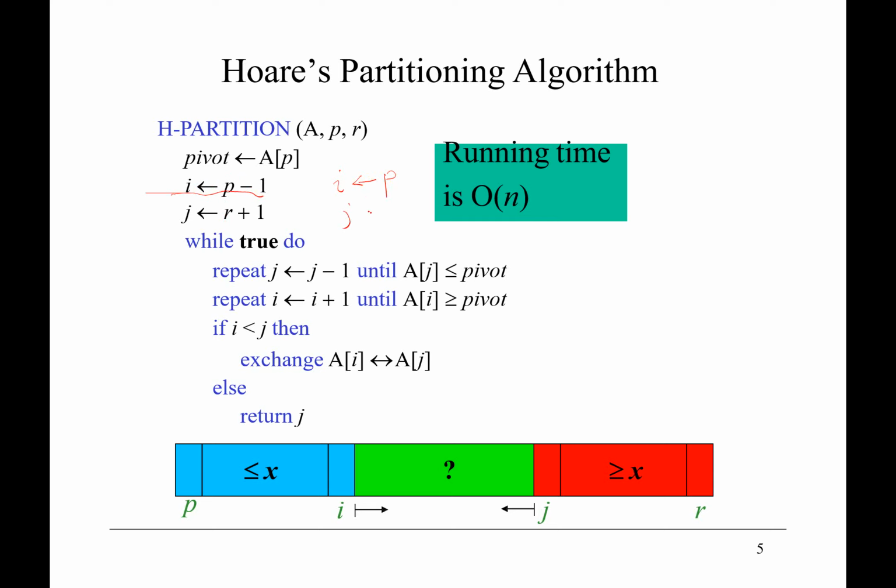Can we initialize J to be R? Why do we need to initialize I in the beginning to the location before P? Why is I here and J supposed to be here? This is the first question. Second question: can we switch these two statements?